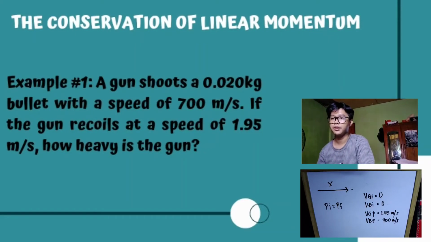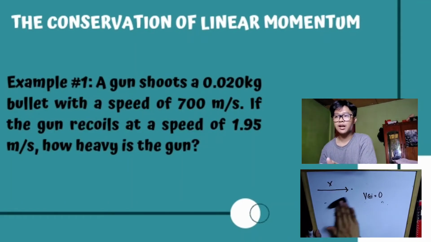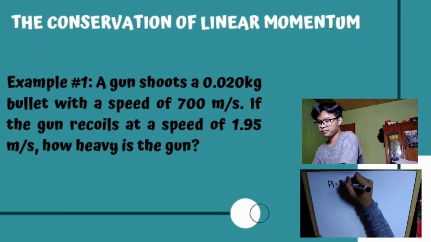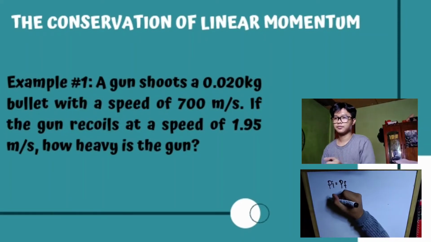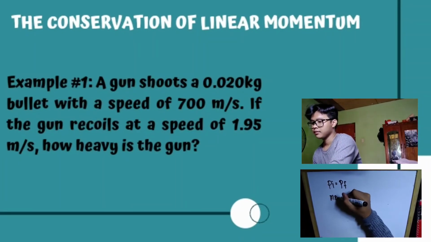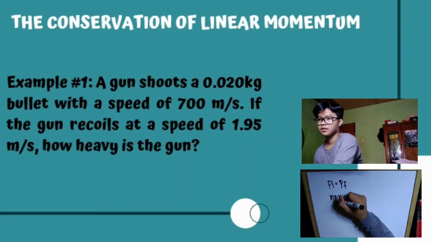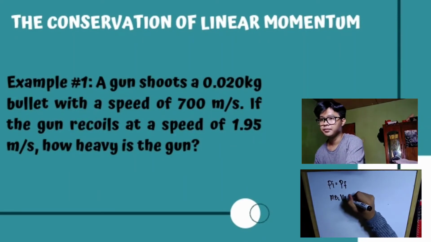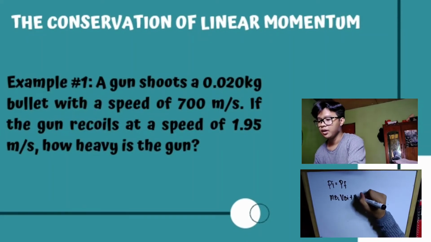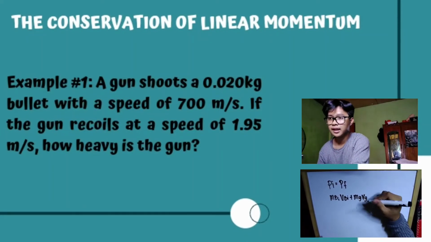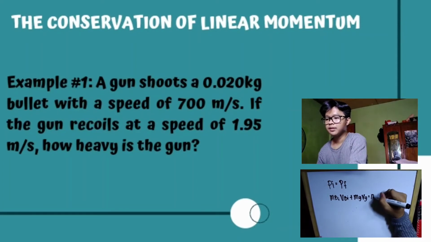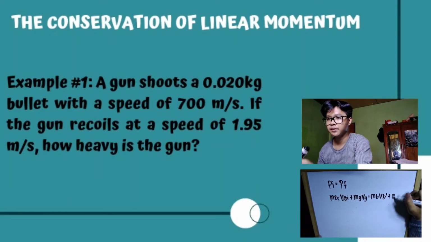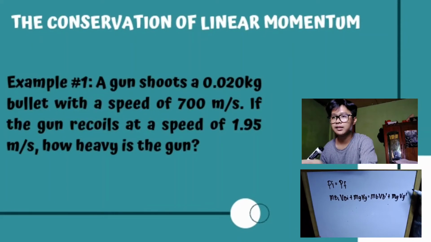So we have here P initial equals P final. So, MB VB initial plus MG VG initial equals MB VB prime plus MG VG prime.